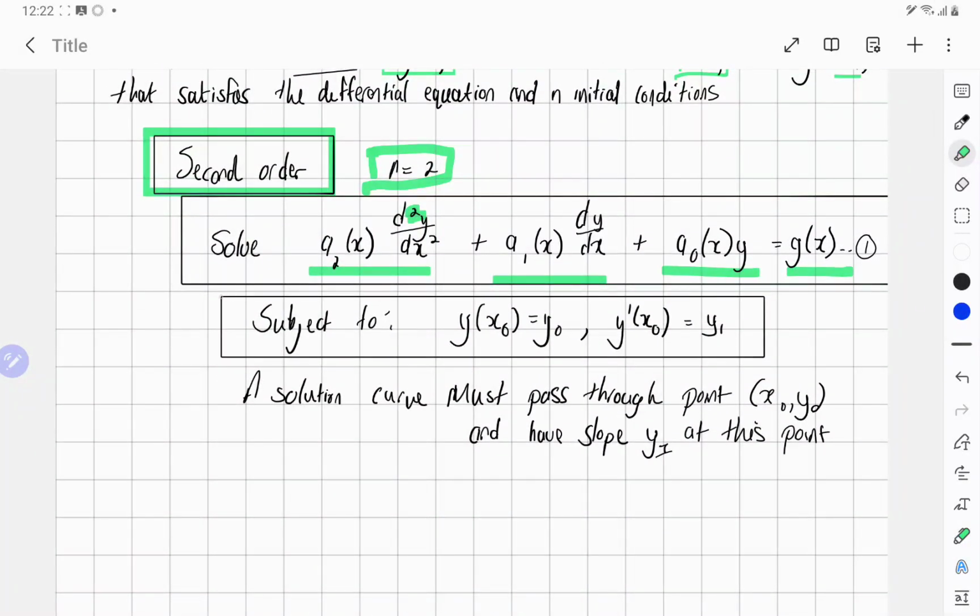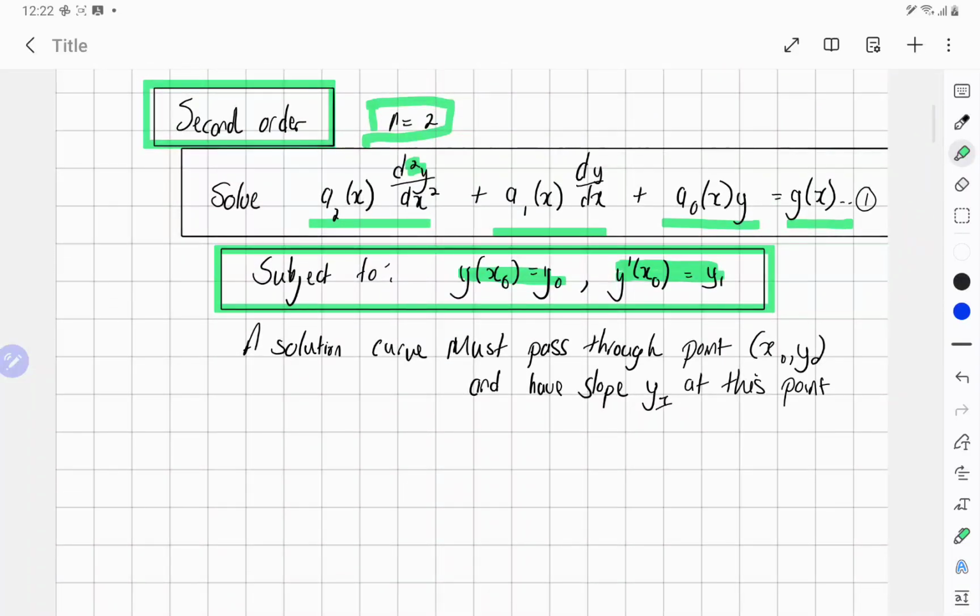And here, like I've just mentioned, my second order differential equation is subject to two conditions. N is 2. So now I have these two initial conditions. In a third order, n is 3, so I will have 3 initial conditions.